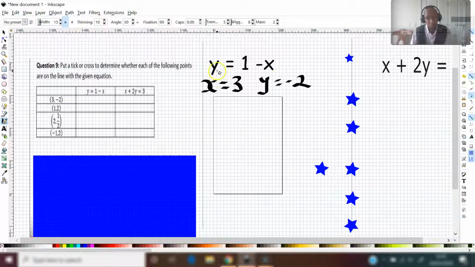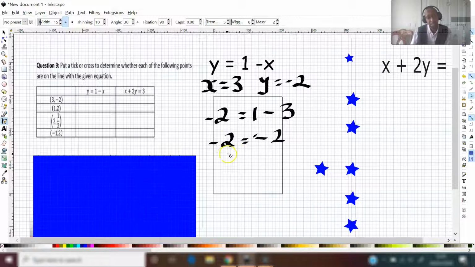Now the equation is y equals 1 minus x, so let's use a bit of substitution. On this side y is -2, and we have 1, which is our constant value, minus our variable 3. Working out this side, 1 minus 3 is -2, and of course my y is -2.